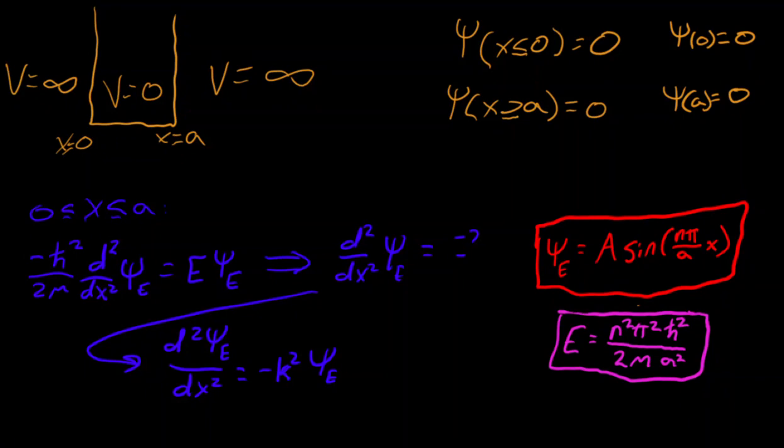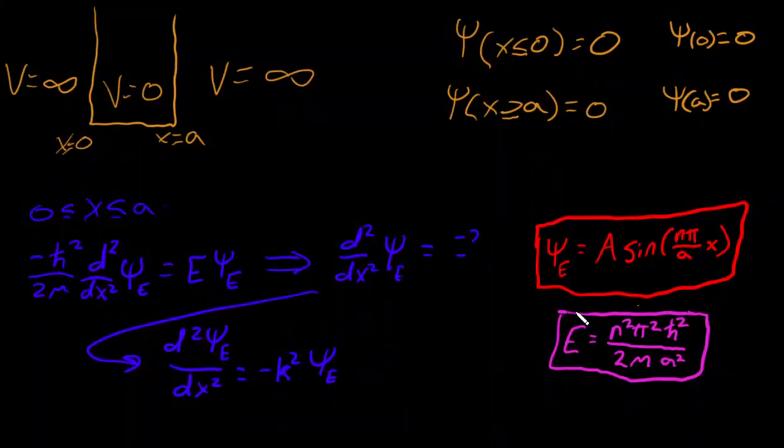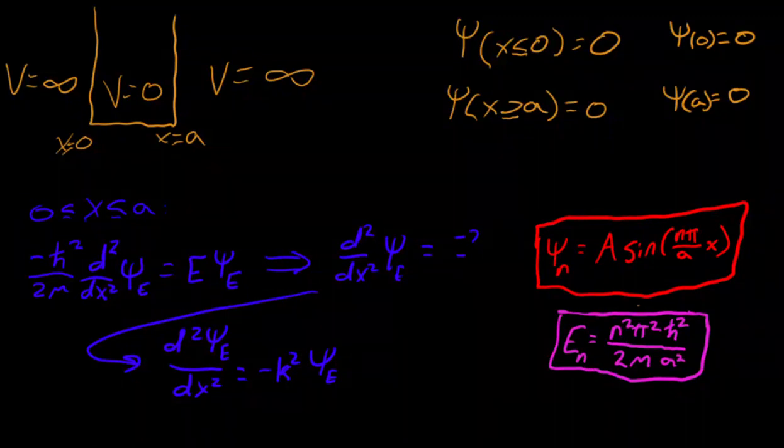Now, the first thing I want to do is change a little bit of the notation here, because now we don't just have an E. We could write psi_n. This is the nth wave function, and similarly, this is the nth energy level, where psi_n just means it's a wave function with an energy E_n.